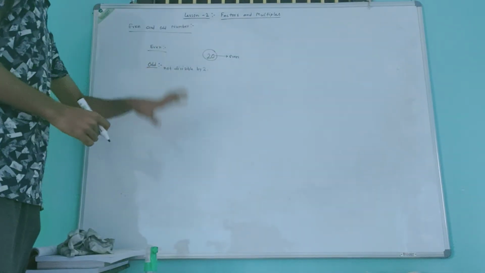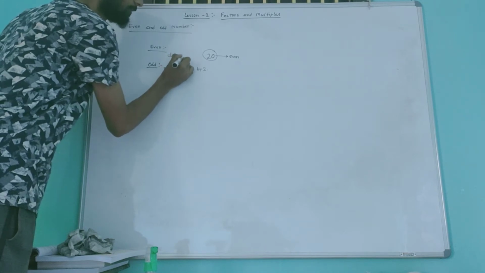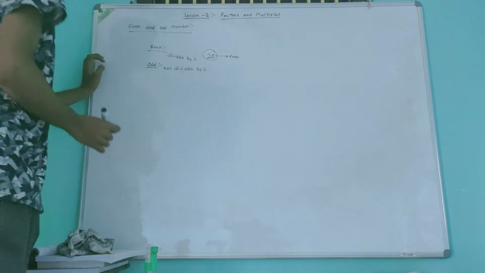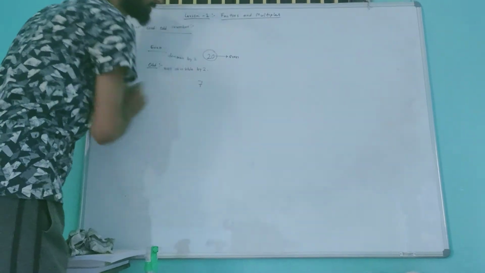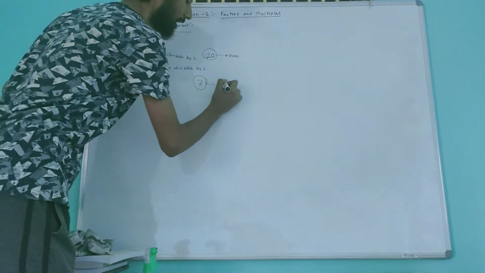So we will write 7. 7 is not divisible by 2, so we can write it is an odd number.